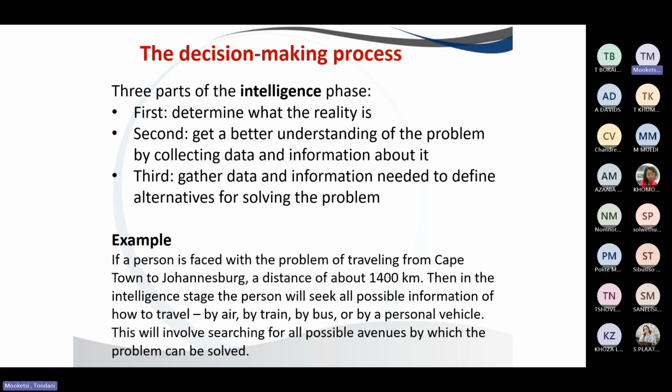So the problem is, I want to travel from Cape Town to Johannesburg. How will I travel there? I have to gather information. So maybe you will go online and search for cheap flights on the specific dates that you want to travel.